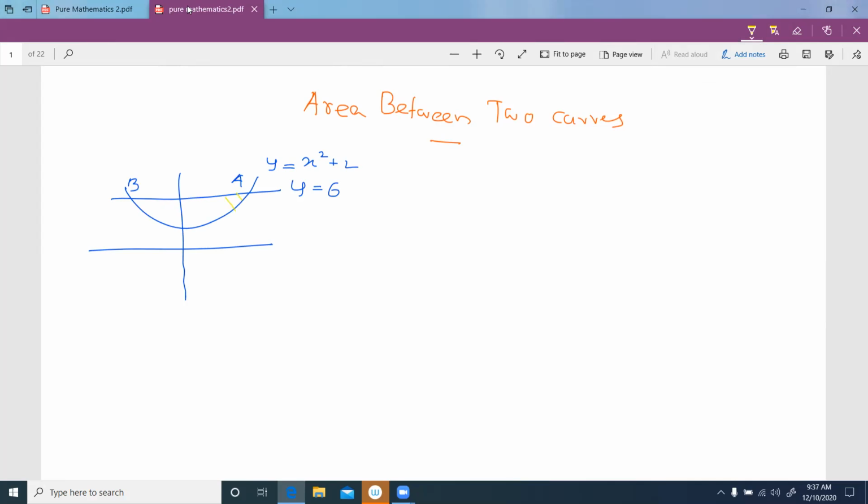So initially, what they want is to find the intersection of this curve with this straight line, right?